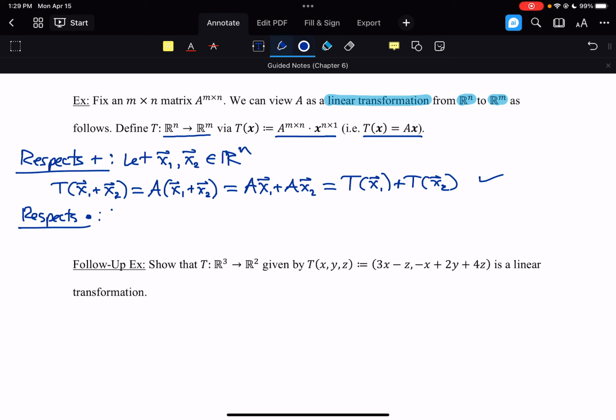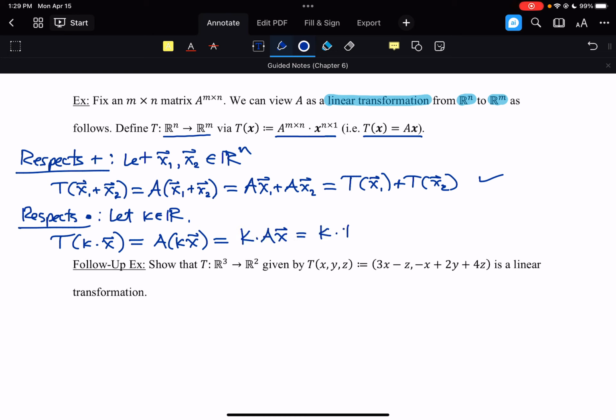For scalar multiplication, we let k be a real number. We take T of k times x. So that's A times kx. And again, the scalar can move throughout the matrix multiplication. So k can go ahead and move to the front.